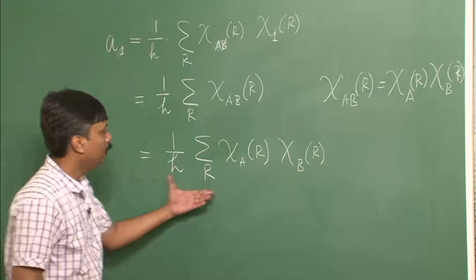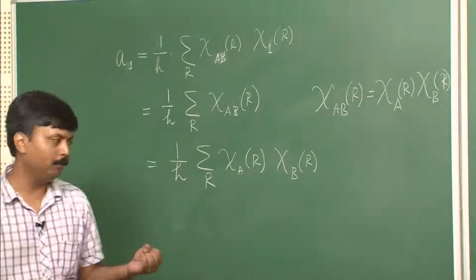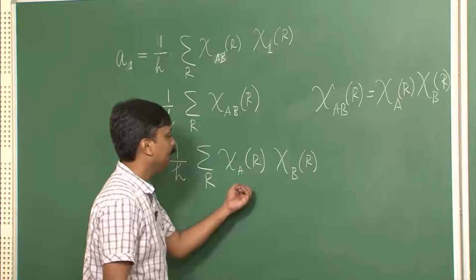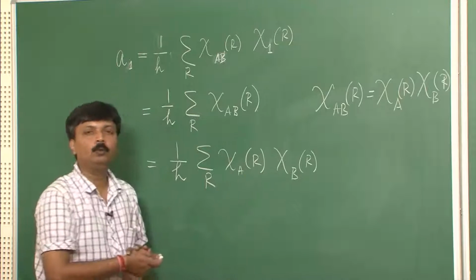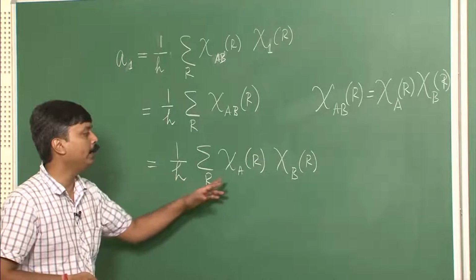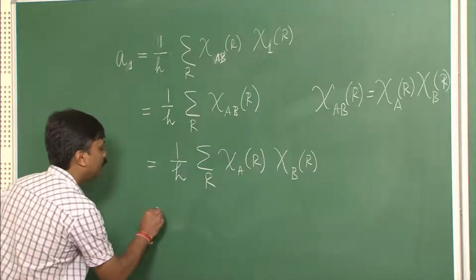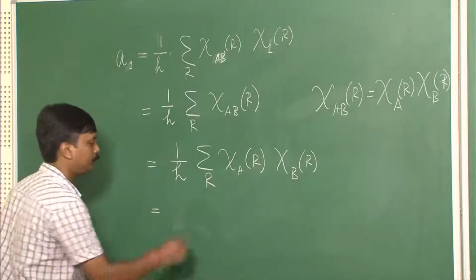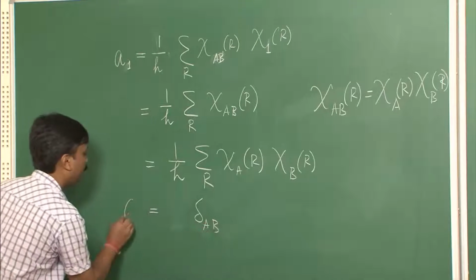Now if I look at this from the great orthogonality theorem, I can easily say that this whole thing will be non-zero only when A equals B, correct? So this means delta AB, right?